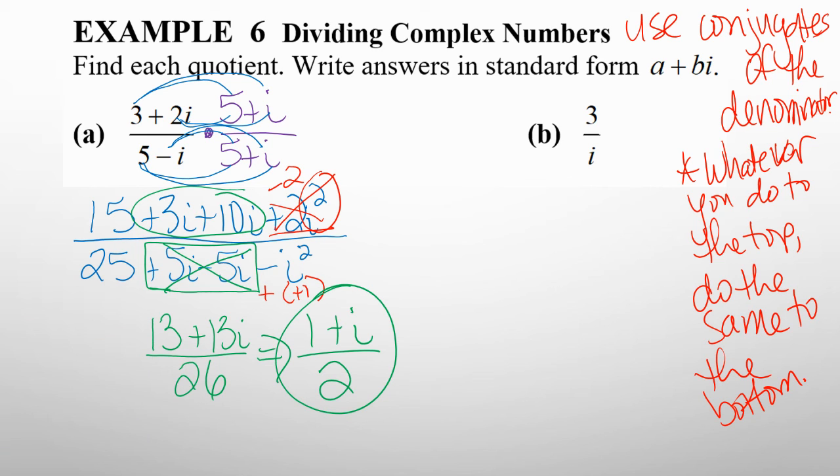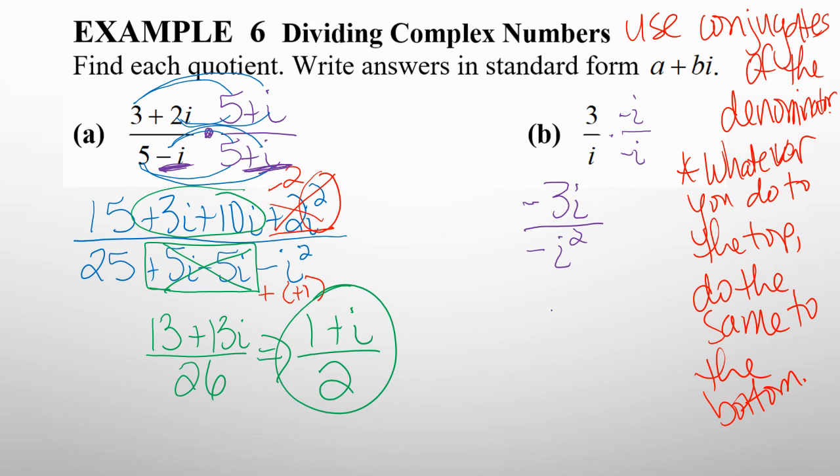For letter B, we are multiplying by negative i. The opposite of a positive i is a negative i. We're taking this part from A. So 3 times negative i is negative 3i. i times negative i is negative i squared.